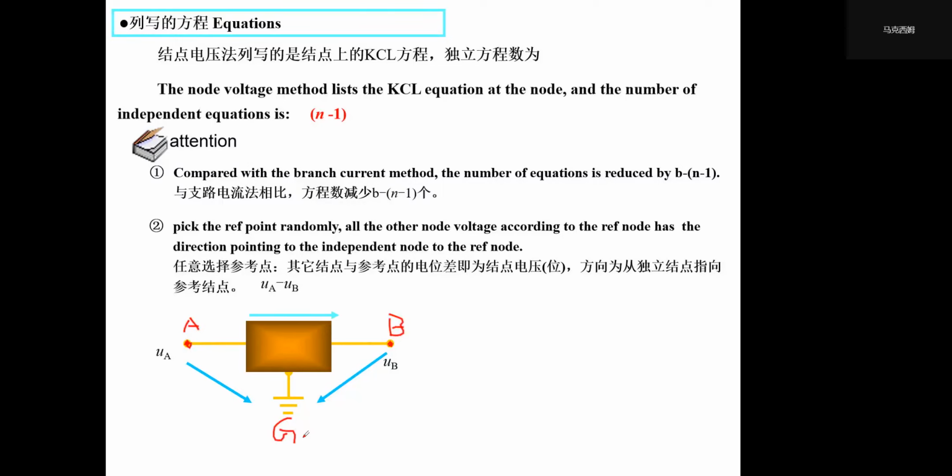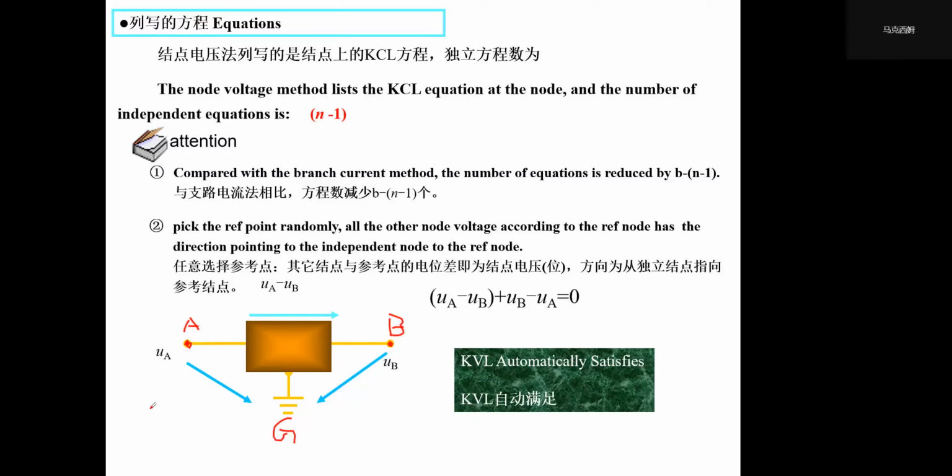And UA minus UB equals UB minus UA, and we add all the branches together, all three branches of this triangle, and we have this conclusion. So it automatically satisfies the KVL constraints.